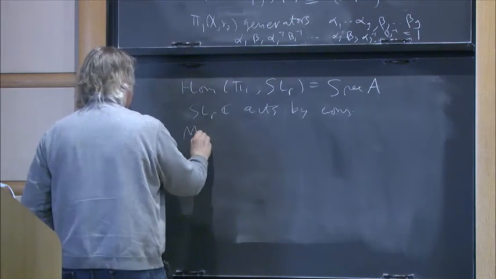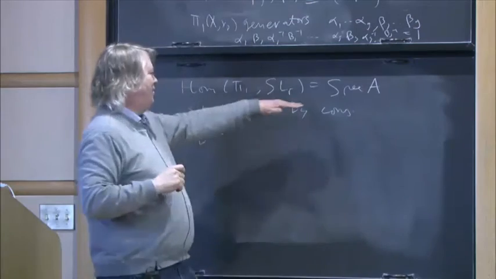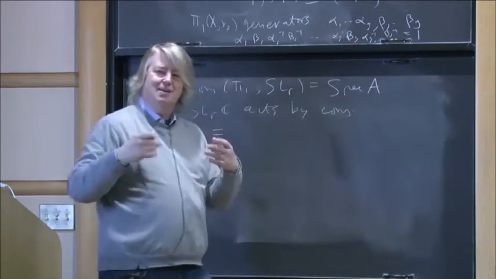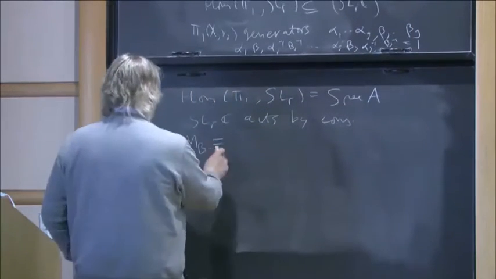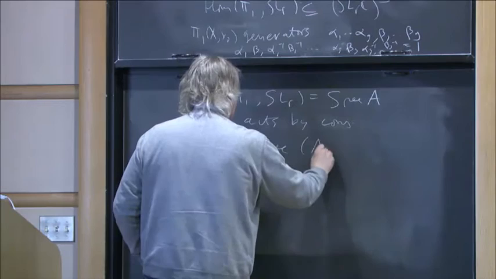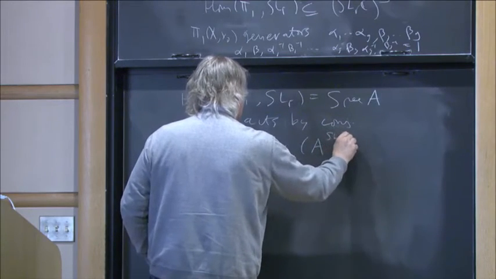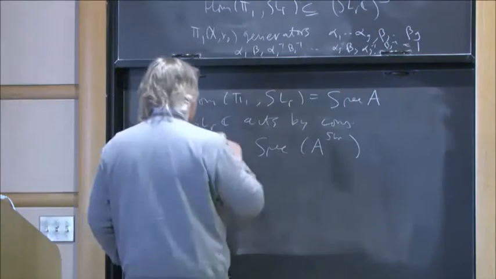The point is that the GIT quotient of an affine scheme is just the spec of the ring of invariants. So this is just the spec of the ring A invariants by SL_r. But now we actually know a little bit more.